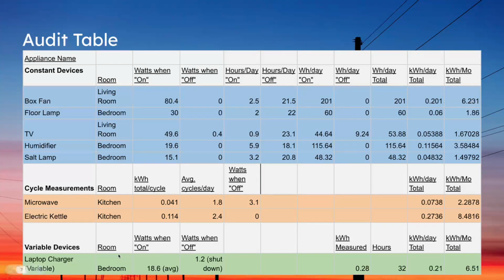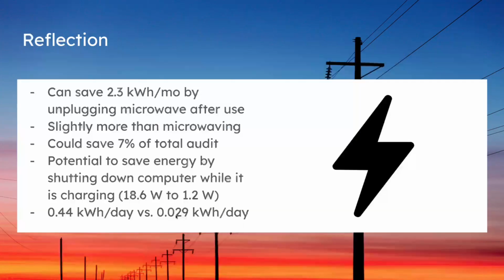In addition to that, I also measured the watts that it was using when it was running, when I was using it, and when it was charging, and then also when it was completely shut down and charging. So based on that information, there are a few interesting things.